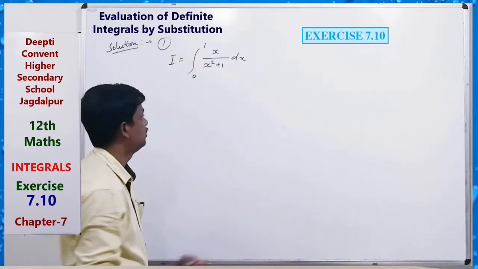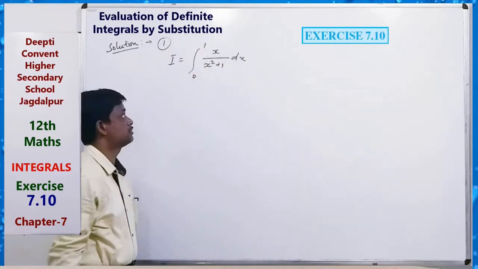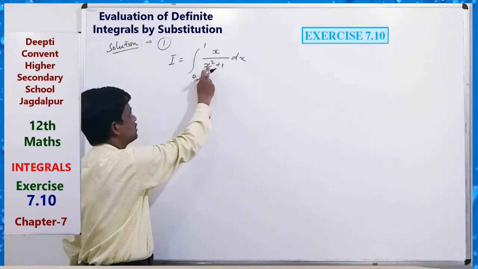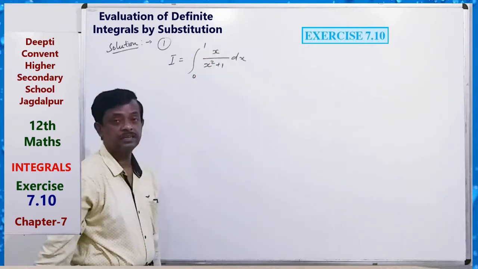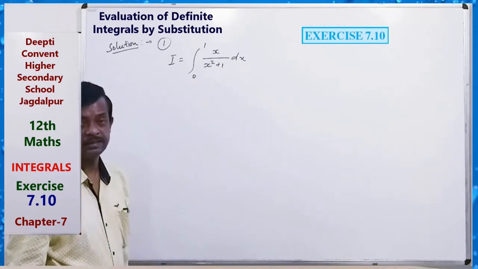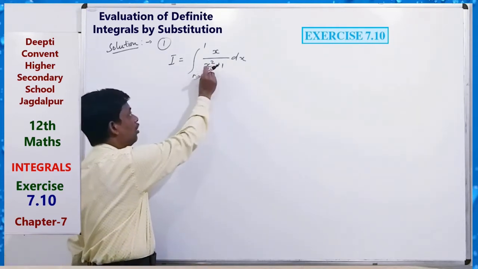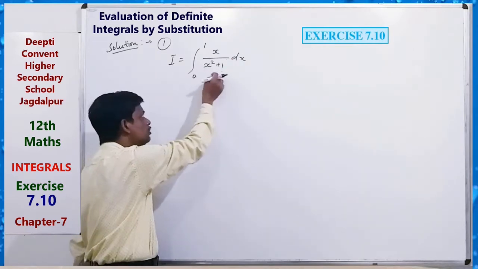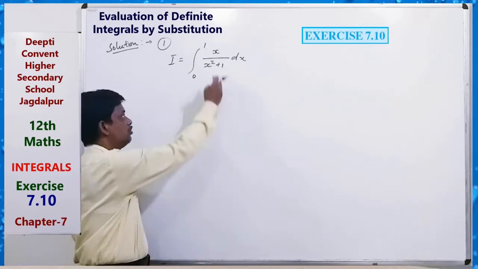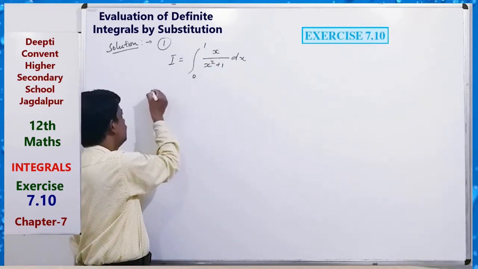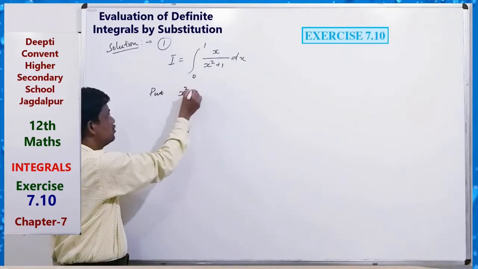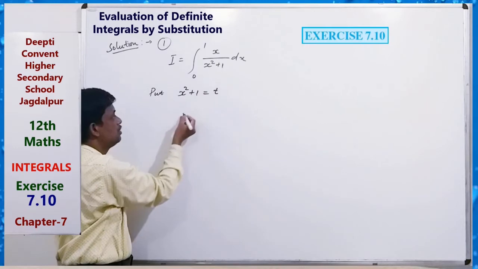The method is substitution. Here we see that x dx can be taken in terms of t. Put x square plus 1 equals t.